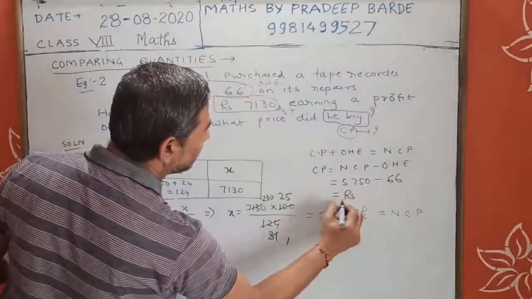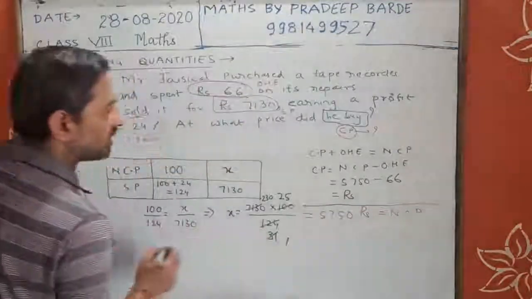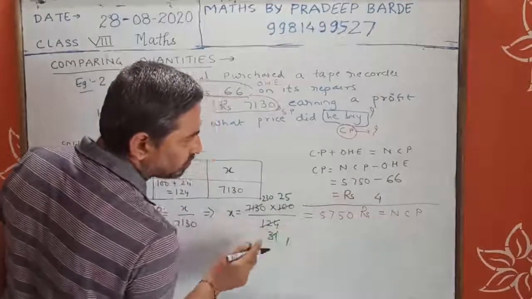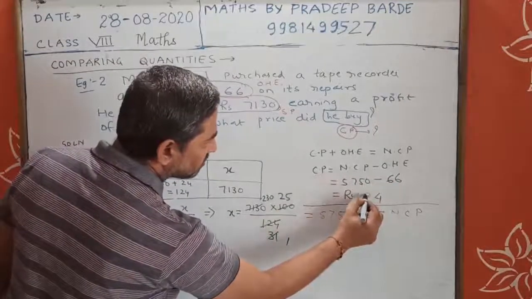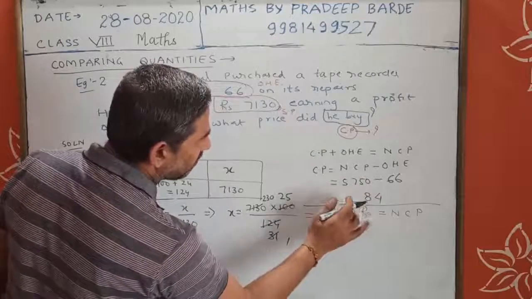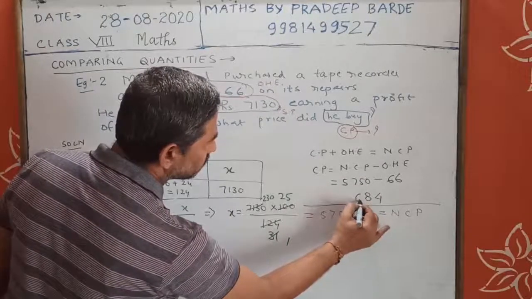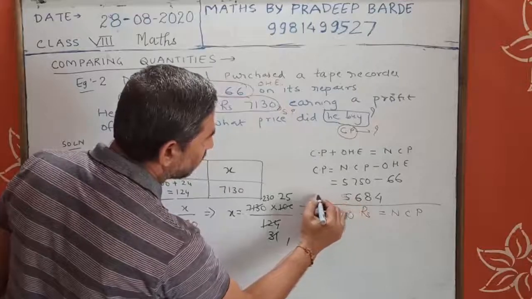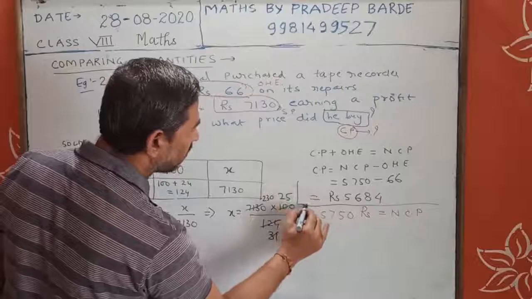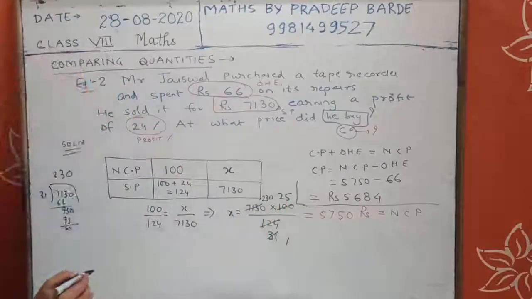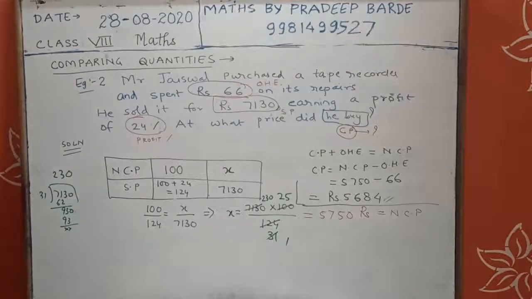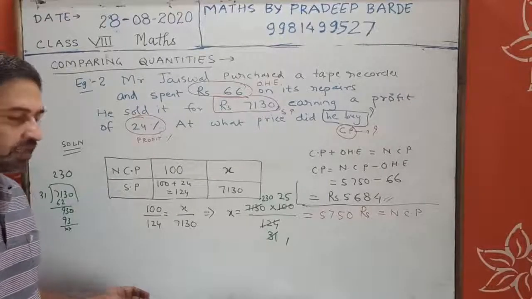So finally the answer is 10 minus 6 is 4, 14 minus 6 is 8, 6, 5, rupees 5684. This is the cost price, right?